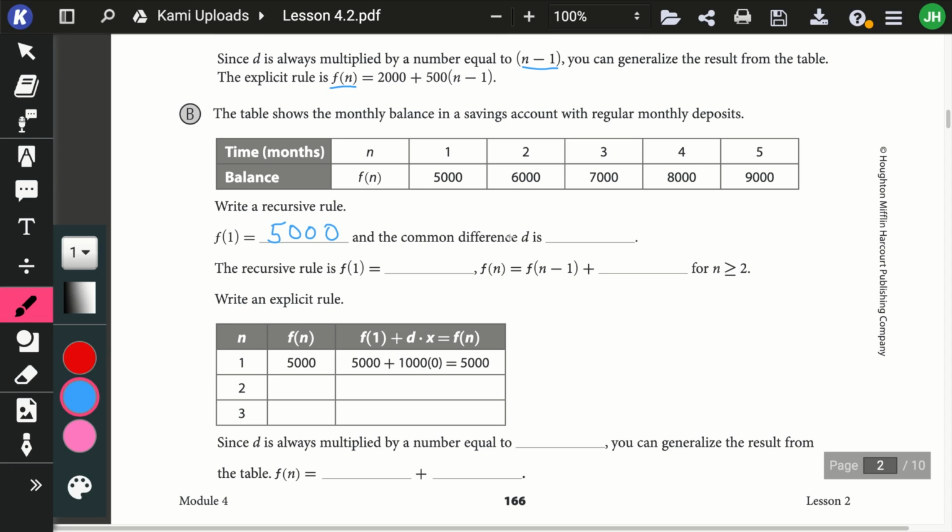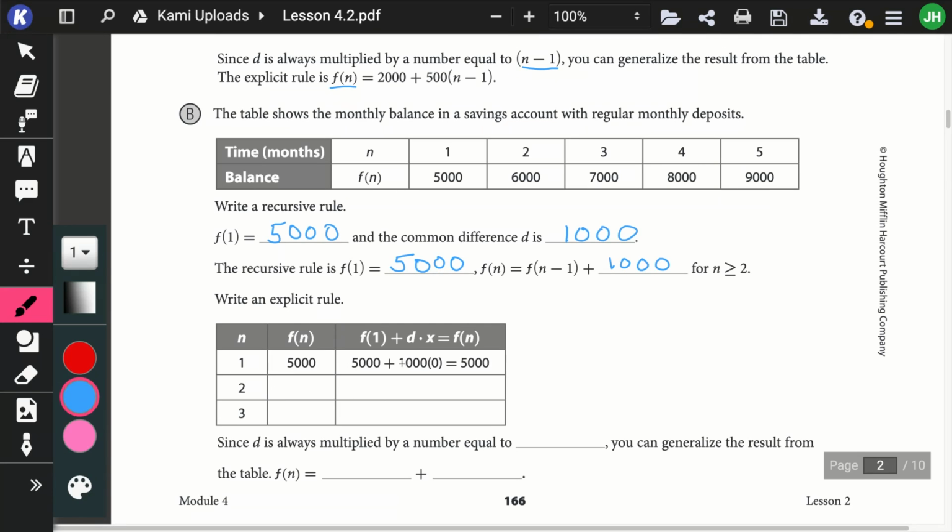And the common difference, what's the difference between 2 and 1? 6,000 minus 5,000 is 1,000. So the recursive rule is f of 1 equals 5,000, and f of n equals f of n minus 1 plus the difference, which is 1,000, for all values where n is greater than or equal to 2.